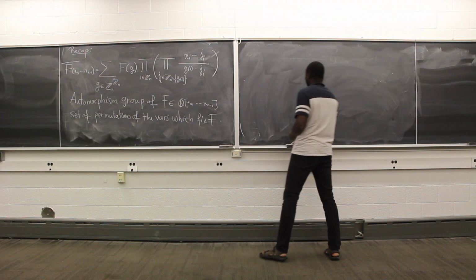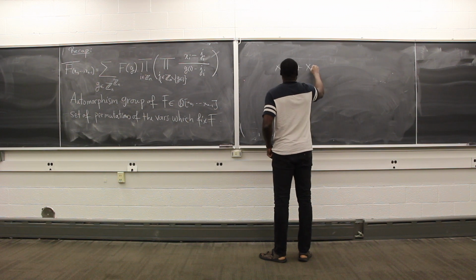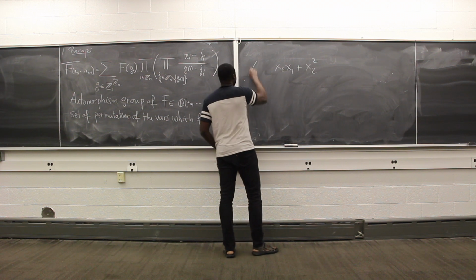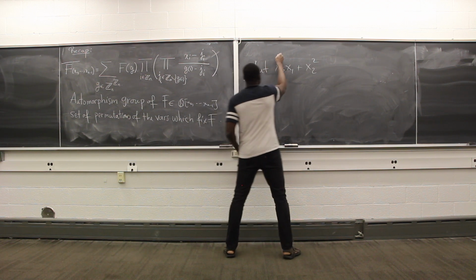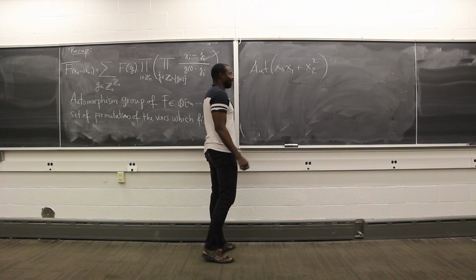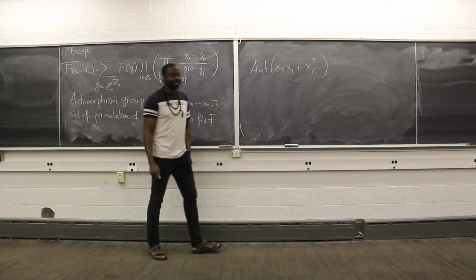Okay, so let's do a small example and erase the board to start our business. Suppose I take the polynomial x0 x1 plus x2 squared. What is the automorphism group of this polynomial? What are the permutations of the variables that do not change the polynomial? You could swap 0 and 1. Excellent.